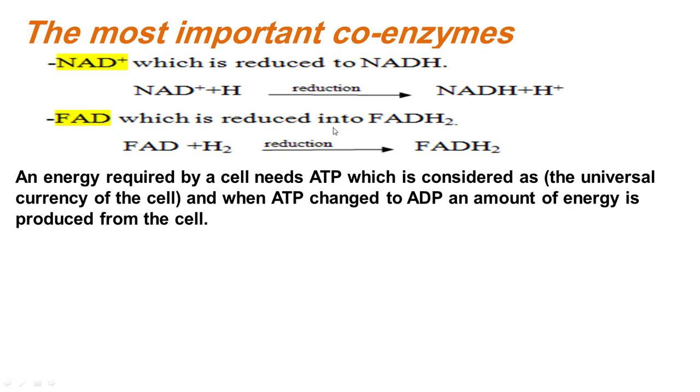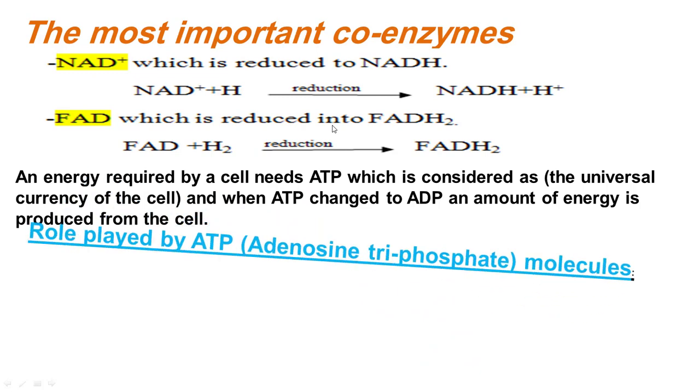Any energy required by a cell needs ATP, which is considered the universal currency of the cell. When ATP changes to ADP, an amount of energy is released. So we play on the transformation of ADP to ATP for storage, or from ATP to ADP for releasing energy.